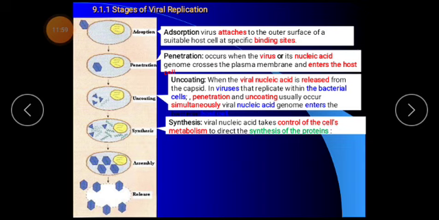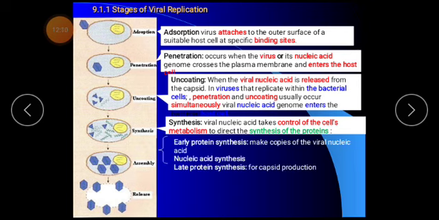So the next stage is what we call assembly. For assembly, we find that other protein synthesis makes a copy of the viral nucleic acid. After the nucleic acid synthesis, protein synthesis follows for capsid production.